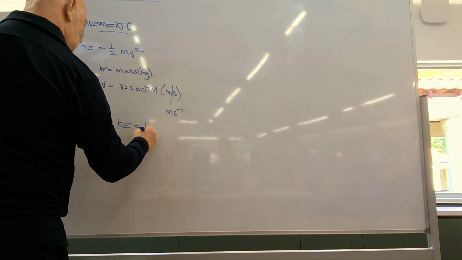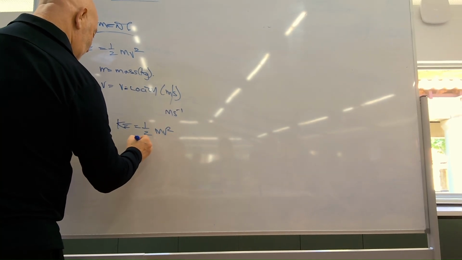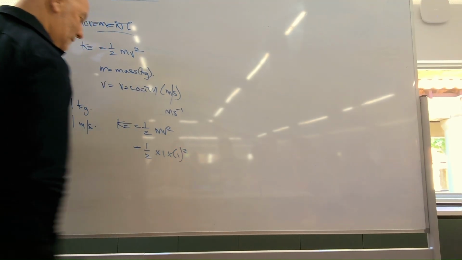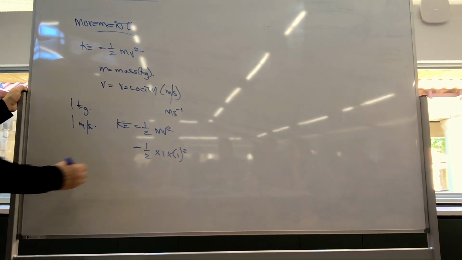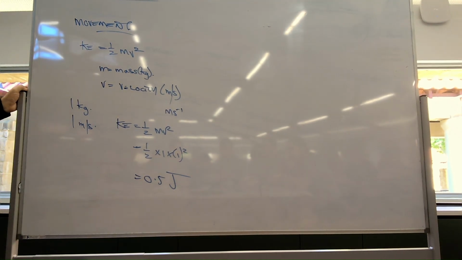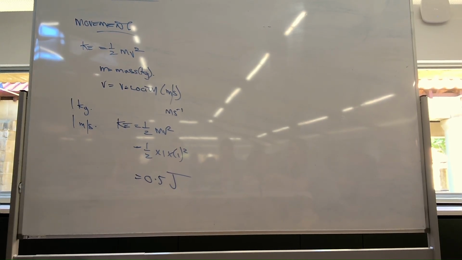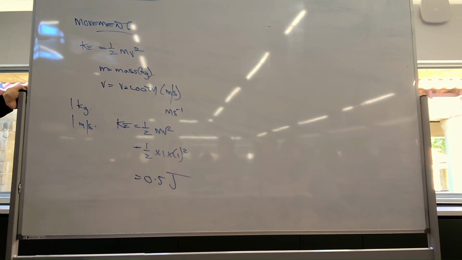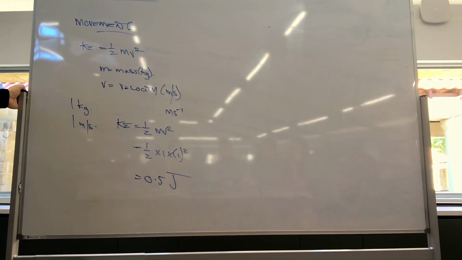So KE equals a half mv squared, which equals a half times 1 times 1 squared, which is 0.5, and the units are joules, capital J. Obviously, the question you're going to get is a little harder than this, but you just put the numbers in. You're given the equations. You need to know how to do it. So that's movement.